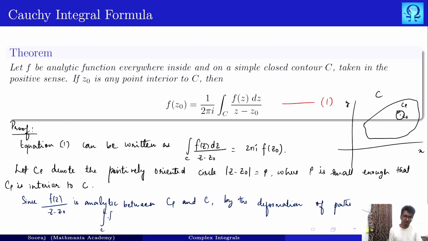Integral over C f of z upon z minus z naught dz is the same as the integral over C rho f of z upon z minus z naught dz. Right? So we have this one.